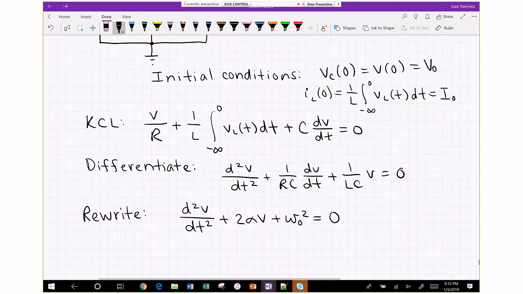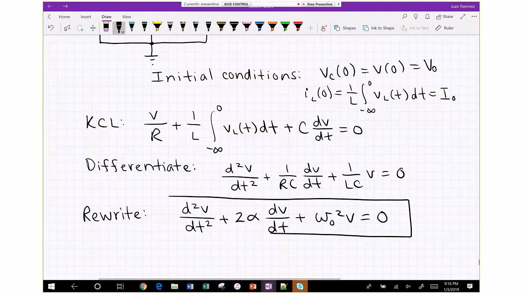Sorry, I goofed up. And that equation looks a lot like the second order differential equation for current in a series RLC circuit, right? With the difference being that now it's voltage.